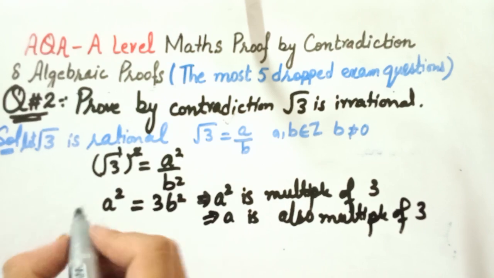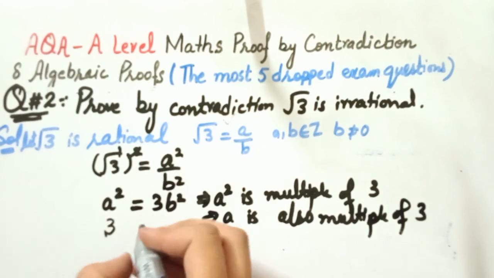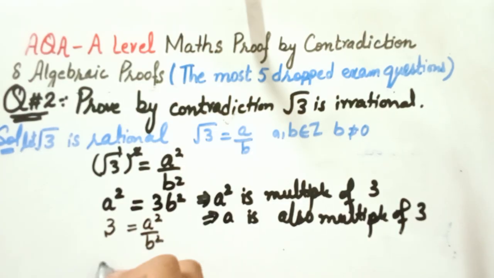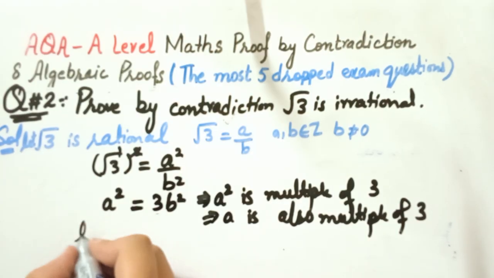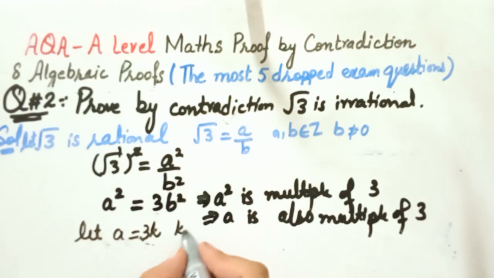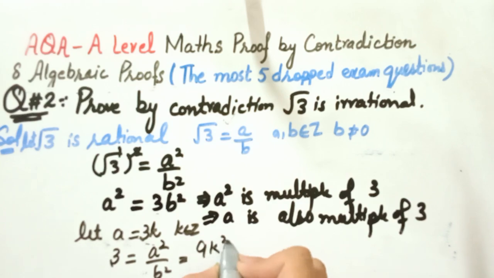Let's suppose a equals 3k, k belongs to Z. So we have 3 equals a square over b square. That means in place of a we will write 9k square divided by b square.